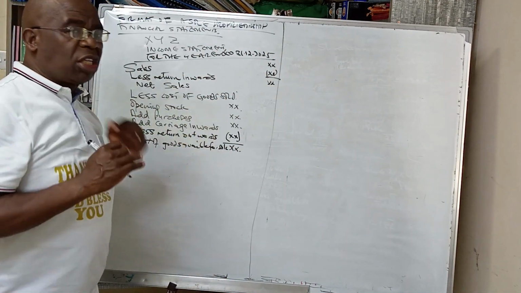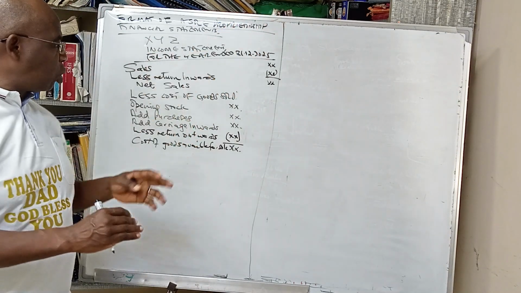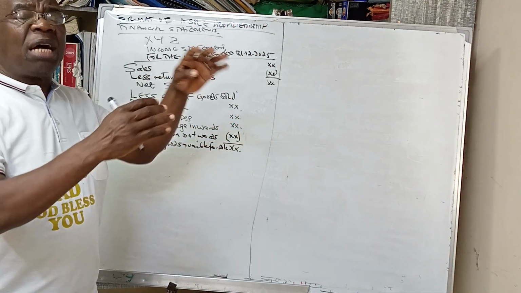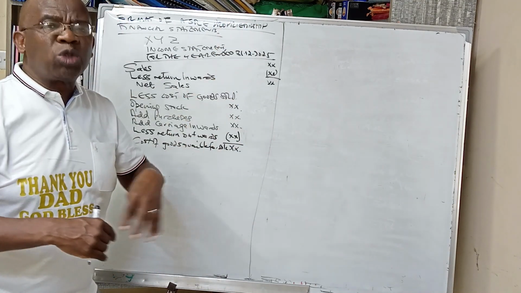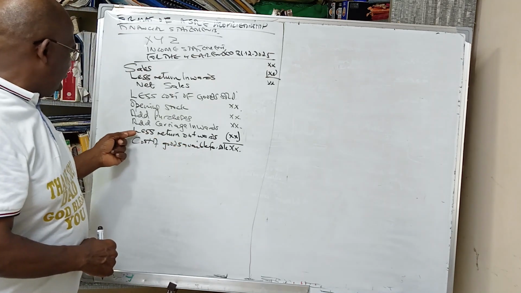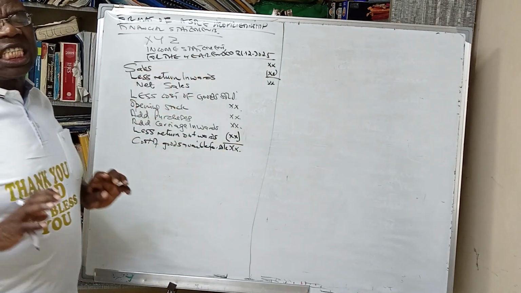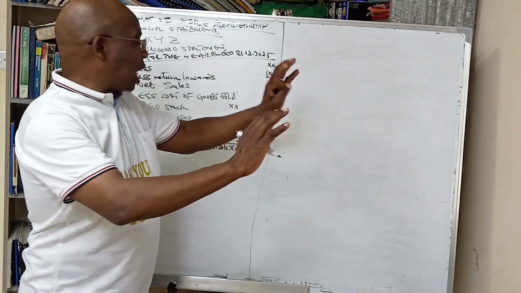So we start with the opening stock, then we add the purchases. But as we were purchasing, we transported the goods, we add carriage inwards. But some of the things we purchased, we returned. So all we had recorded as a purchase, because we returned, we subtract return outwards. Whatever we return to suppliers is called return outwards.